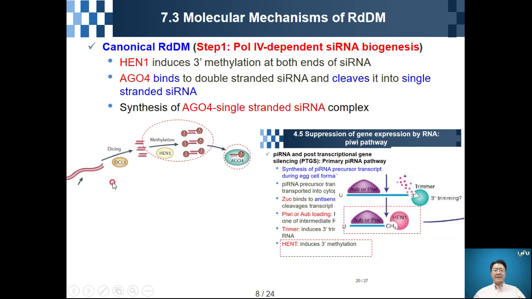DCL3 cleaves the double-stranded RNA into siRNA, HEN1 induces 3' methylation at both ends, and finally the AGO4 and single-stranded siRNA complex is synthesized. So this is step 1.